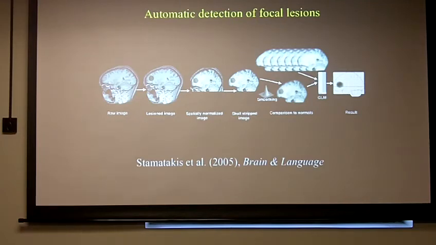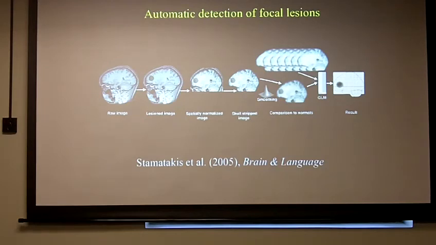So it's a kind of tautological problem right there. We need to define the lesion to improve registration, but to define the lesion we need a registration. So it's a circular challenge.